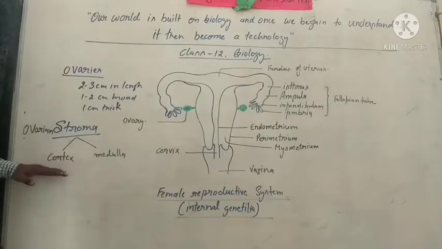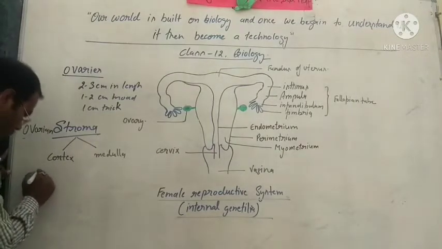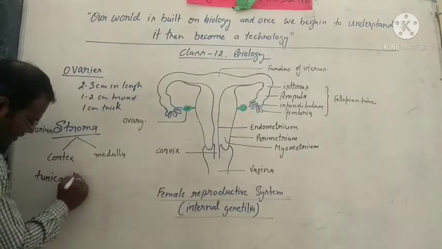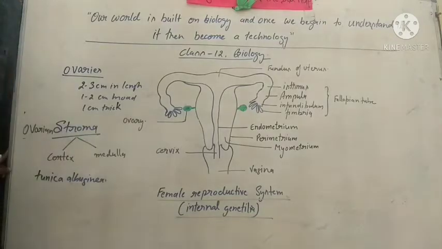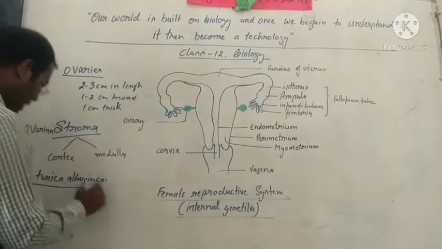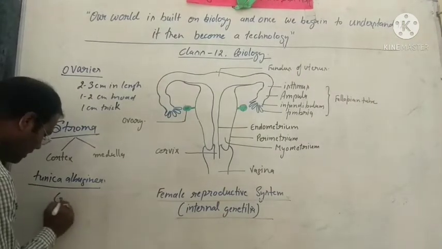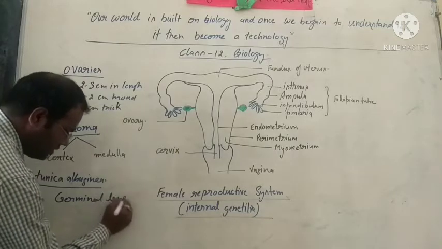The cortex is bounded by a membrane called the tunica albuginea, and this is bounded by another layer called the germinal layer.